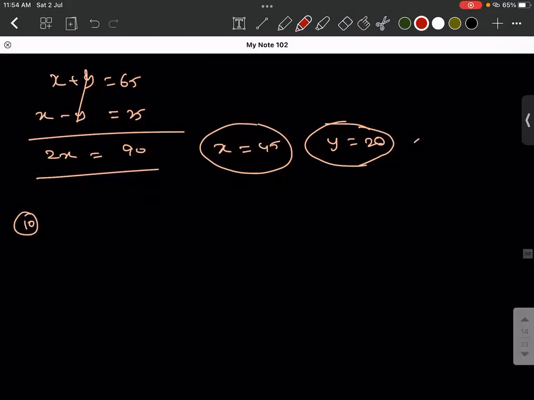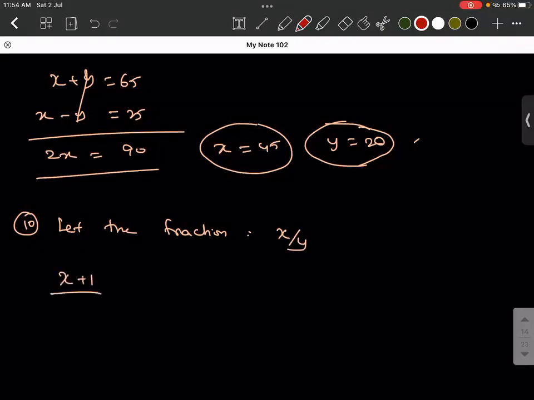Tenth. A fraction becomes, okay. Let the fraction be x by y.